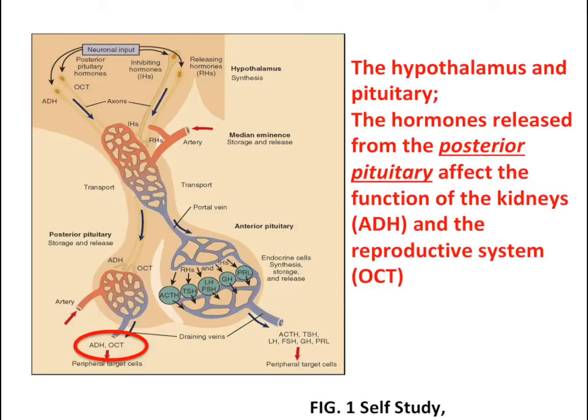ADH is involved in maintaining body fluid osmolality, and oxytocin is involved in reproductive functions. And like I say, it doesn't synthesize these hormones. These are passed down through these cell bodies and then released into the systemic circulation.